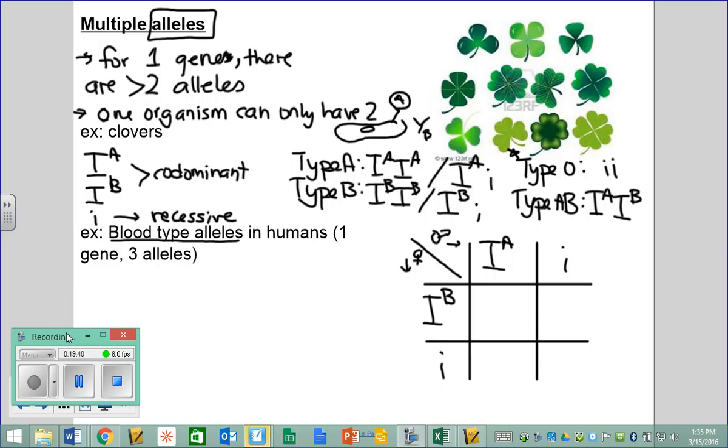It's the opposite for type B. They have B on their red blood cells, but A antibodies. Type O has nothing on the red blood cell. Type AB has both, so it has A and B antigens. So the type that you are refers to which things are attached to the surface of your red blood cells. Does anybody else have blood cell questions? Yeah.